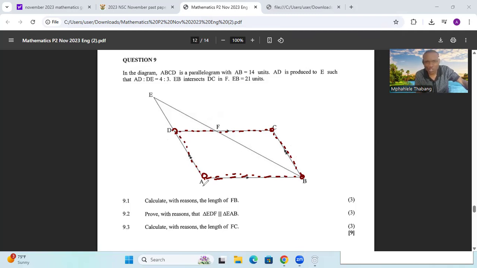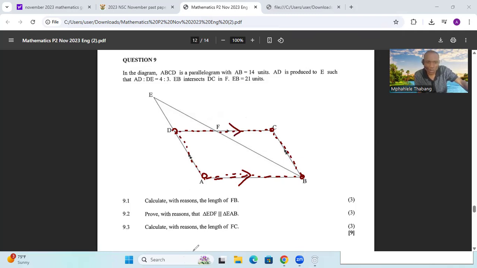So what are the properties of a parallelogram? We have to remember that the opposite sides of a parallelogram are parallel. So since AB is opposite to CD, I'm going to say AB is parallel to CD.